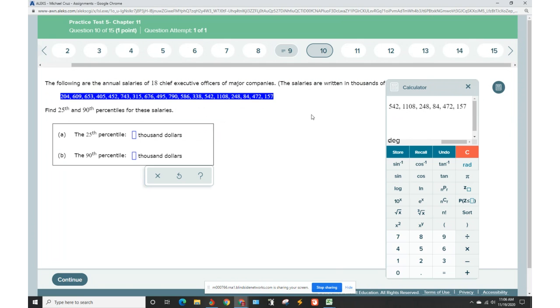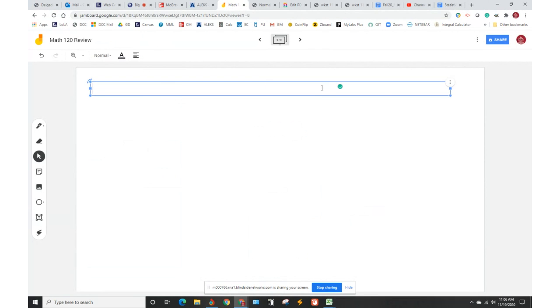All right. Let's see if I can get this to work out. I don't know why this thing is... Oh, it's not going to work. I don't know why sometimes it seems to work and sometimes it doesn't.